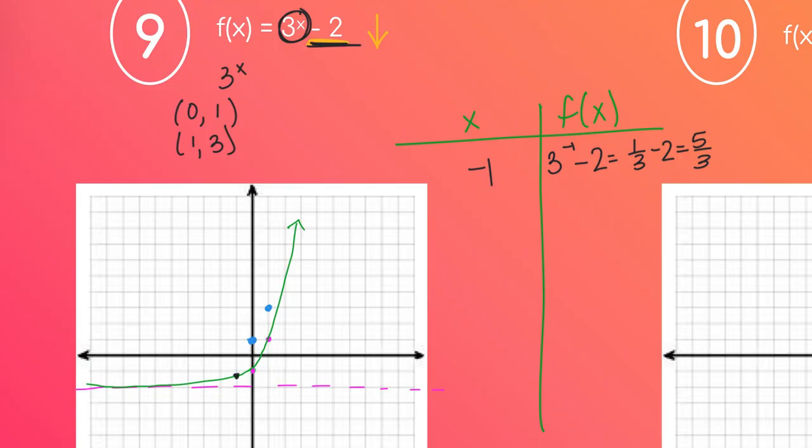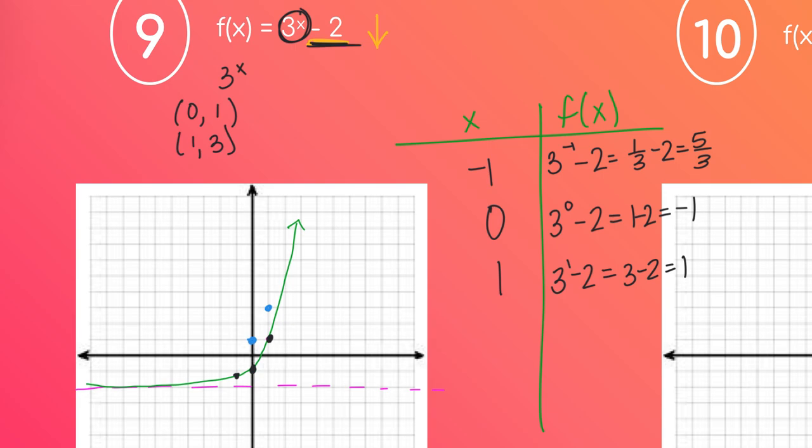And then if I have 0, I have 3 to the power of 0 minus 2. I'm going to get 1 minus 2, which is -1. So at 0, I'm at -1, which we graphed right there. And then at +1, 3 to the power of 1 minus 2, I'm going to end up with 3 minus 2, which is just +1.